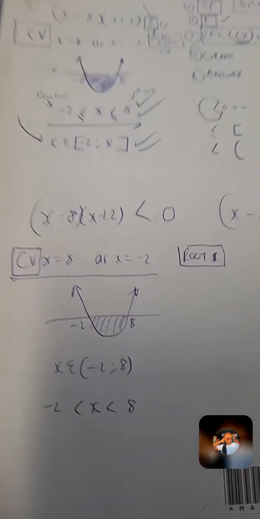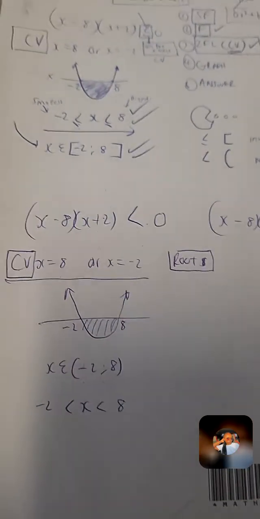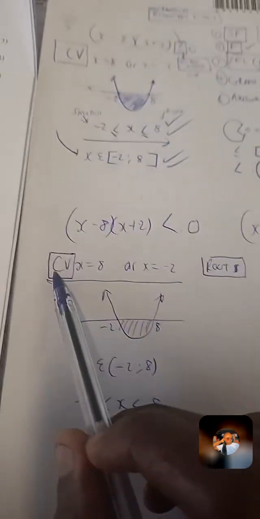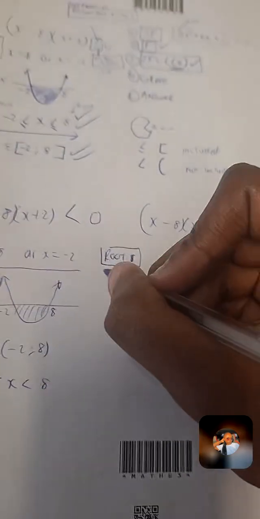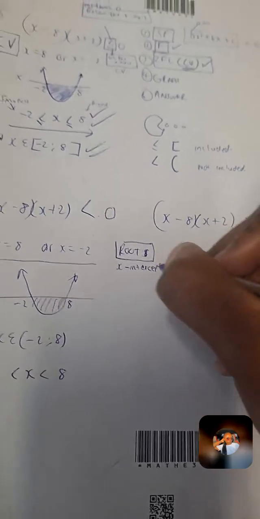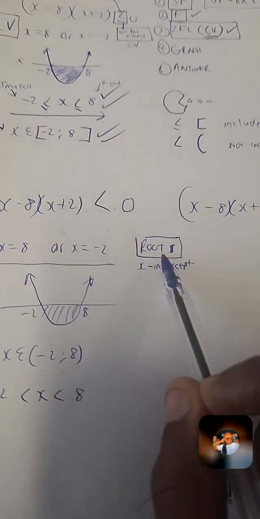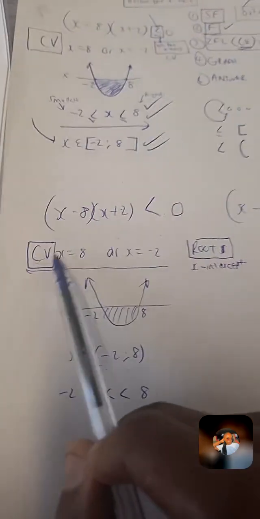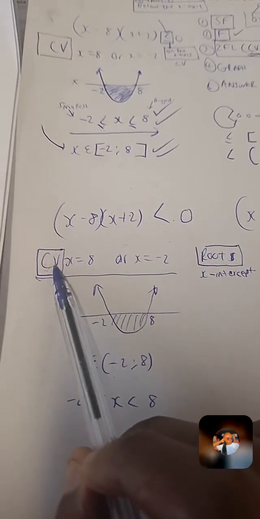In other words, it is the solutions of a normal equation when you are solving for x. We also call a critical value your x-intercept. Those are the two things we mean when we say critical value.